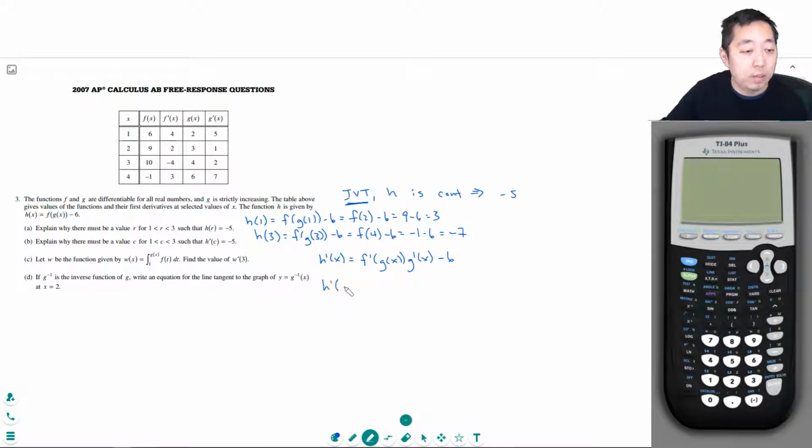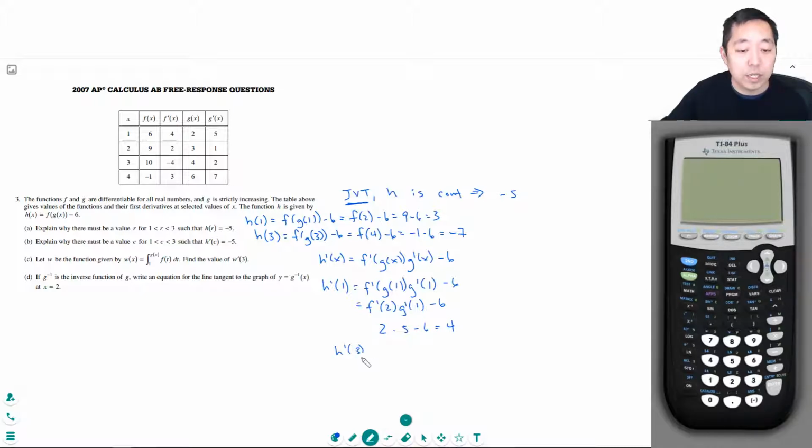So h prime of 1, for example, is equal to f prime of g of 1 times g prime of 1 minus 6. G of 1 is 2, so that's f prime of 2 times g prime of 1 minus 6. F prime of 2 is 2, g prime of 1 is 5, minus 6. That's 10 minus 6, and that equals 4.